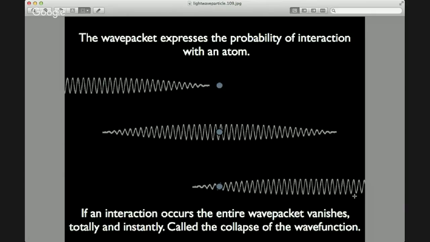There is a probability that as the photon passes the atom, at some point, at the beginning, the middle, or the end, it completely goes away, and its energy in its entirety goes into the atom. And that's what we mean when we say that a photon is a particle: all of its energy is created, or none of its energy is created.